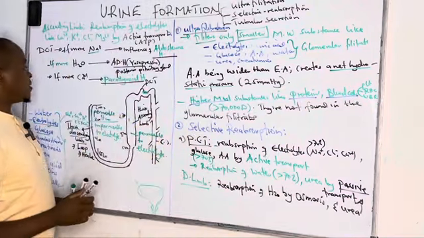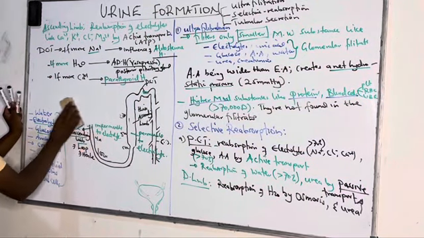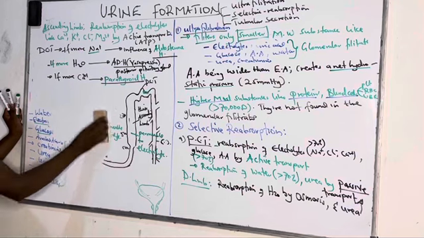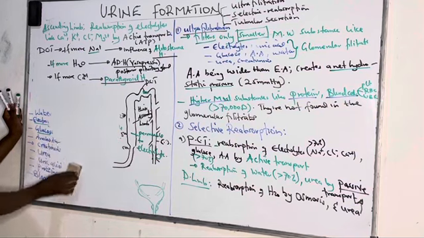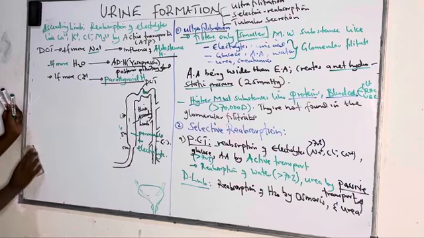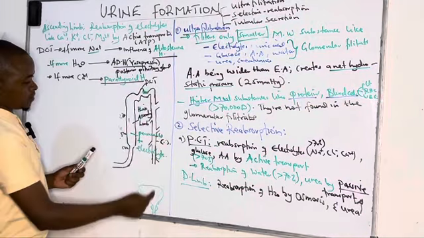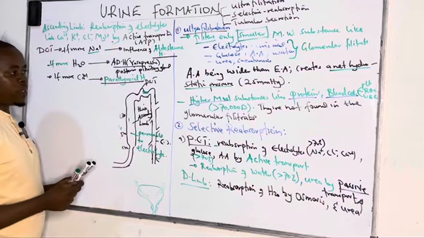After knowing that, this glomerular filtrate continues to move into the collecting duct. Here is the collecting duct, which joins the urinary bladder.